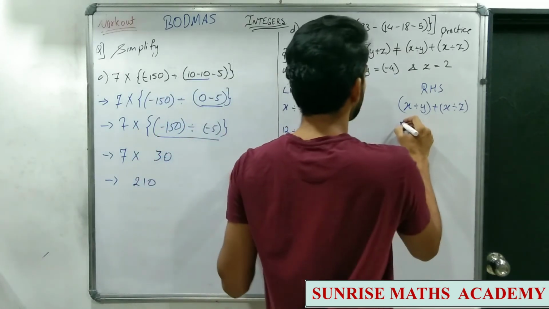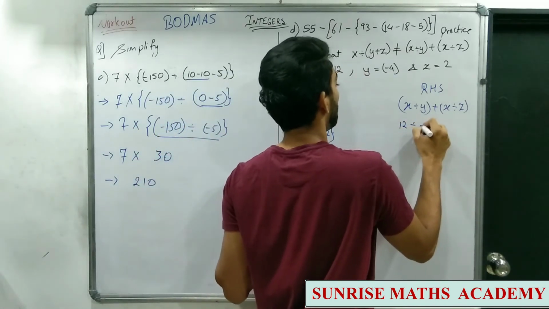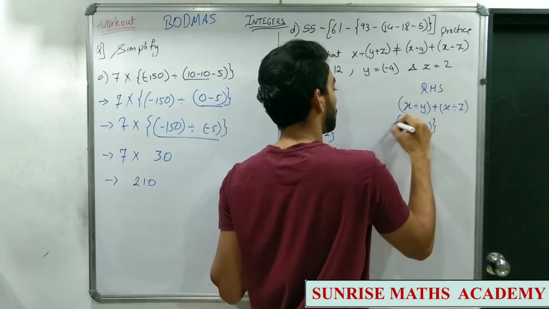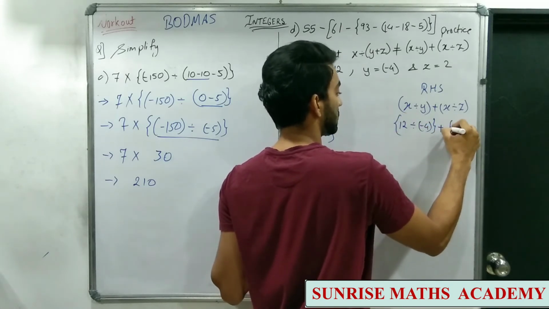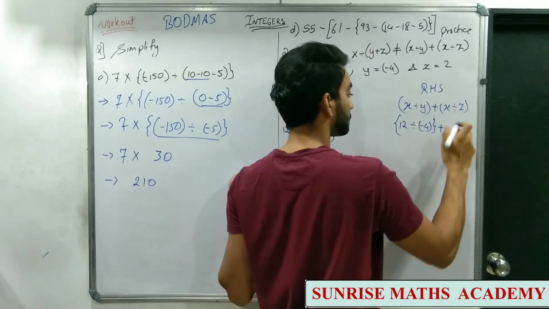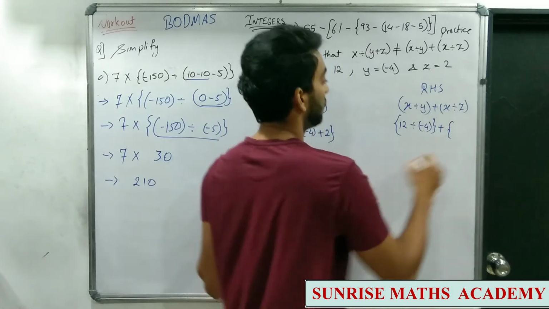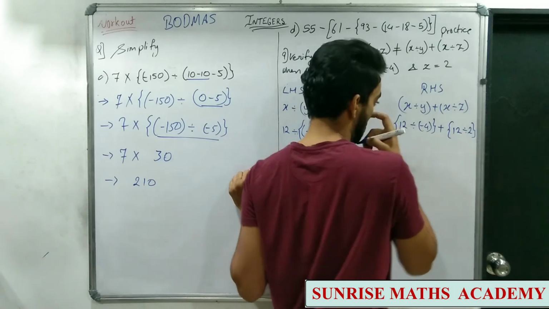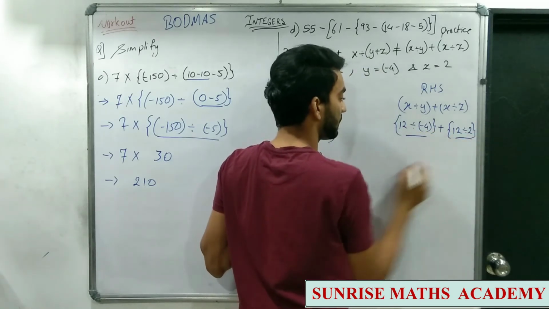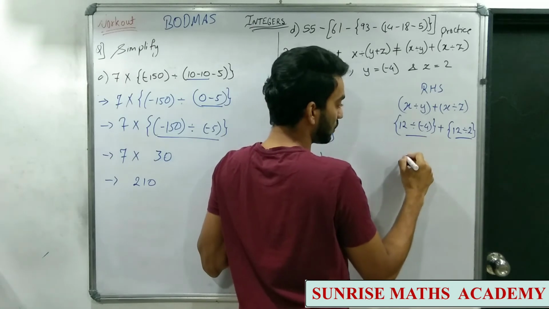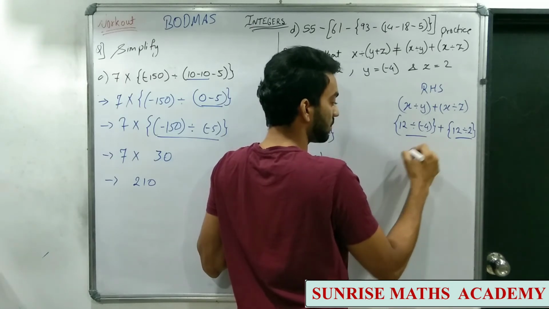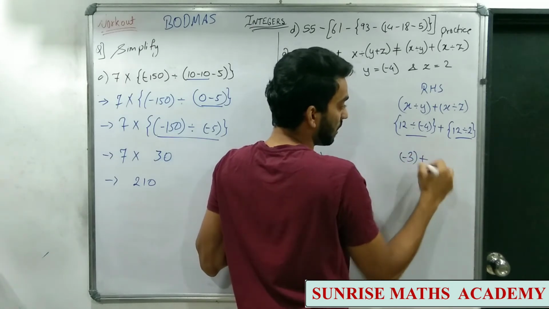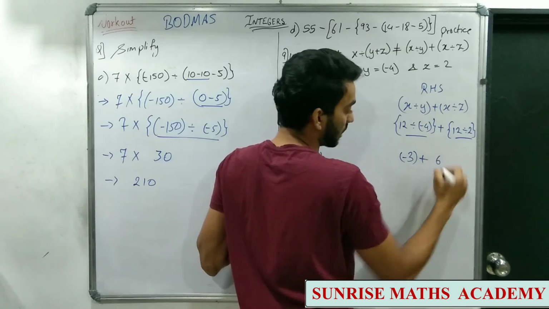Then on the RHS, x is 12 divided by y is minus 4 plus x is 12 divided by z is 2. Solving these two brackets, 12 divided by minus 4: 12 divided by 4 is 3, minus plus is minus. 12 divided by 2 is 6.